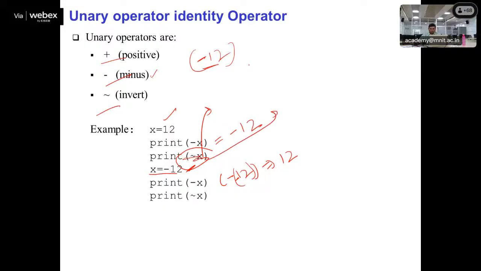So suppose we take x to be 5, so inversion will work on the bits of this x. So x can be converted into binary format, where this can be taken as 0 0 0 1 0 1. Suppose we have taken this into the 6-bit representation.